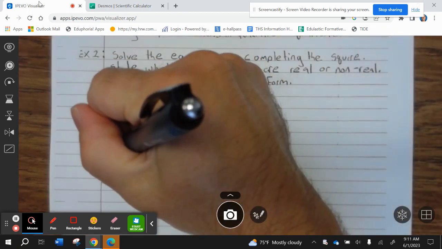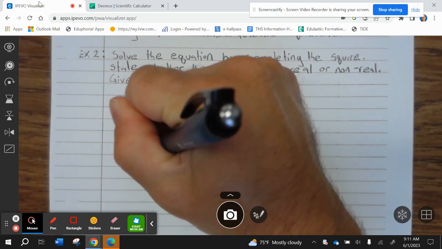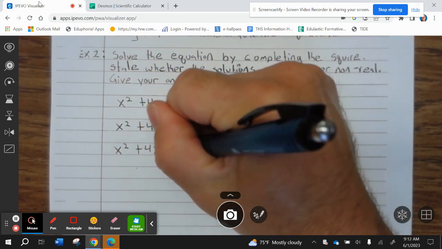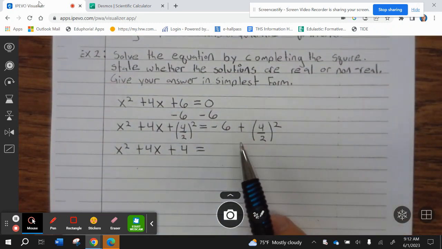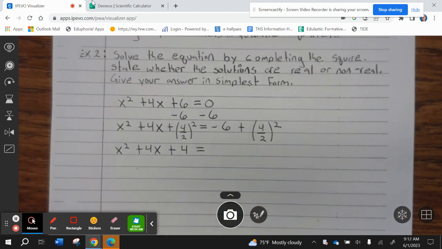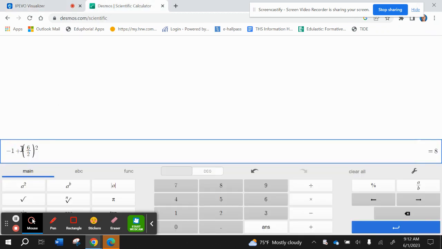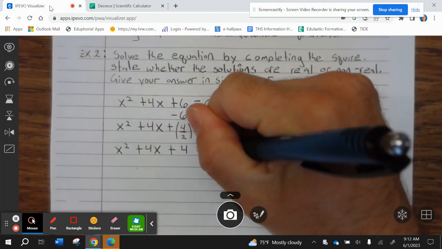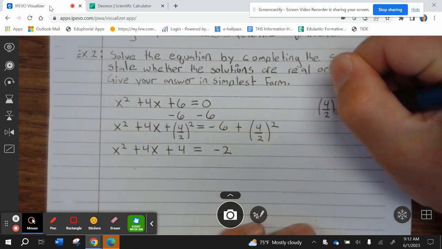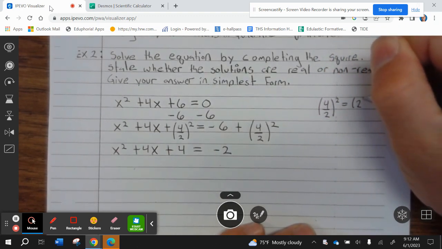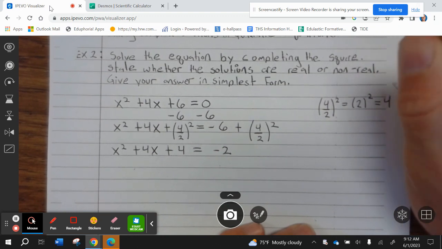Okay, so then that's x squared plus 4x, 4 divided by 2 squared is plus 4, equals negative 6 plus, and let's go ahead and put that in our calculator. So that's negative 2. Now, remember 4 divided by 2 squared is 2 squared, which is 4.